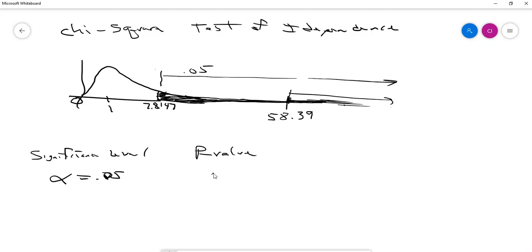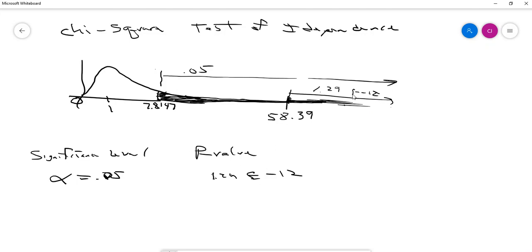And our p-value was 1.29 e to the negative 12. So that thing was a bunch of zeros, right? So there's not much area. We're saying there's a tiny, tiny bit of area really beyond 58.39 under this chi-square continuous distribution. This is like the normal distribution. It's continuous, all right? And we use it to find probabilities. So these numbers are probabilities. This 1.29, right, e to the negative 12.